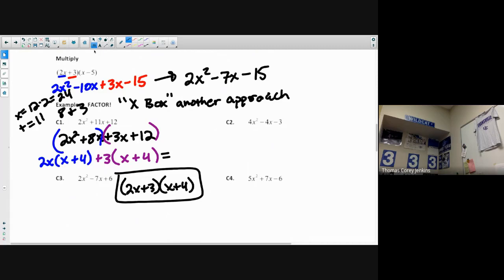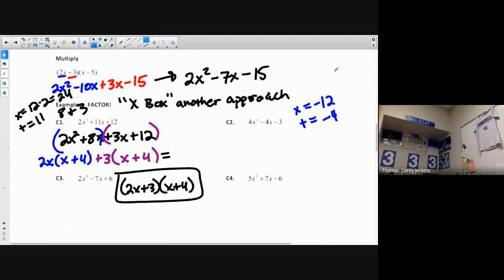All right, so first things first, we want to see what multiplies to 4 times negative 3, which would be negative 12, and adds to negative 4. On this one, we know if we have a negative at the end, we're looking for factors of 12 that have a gap of 4, right?